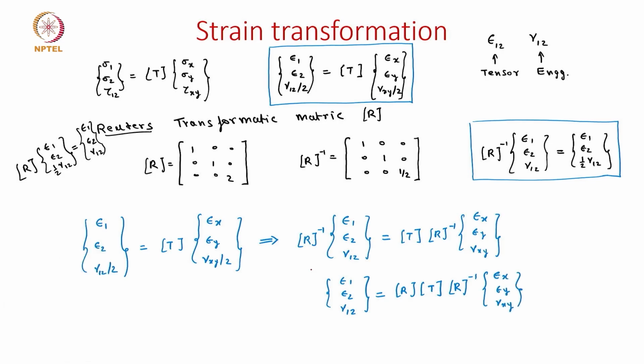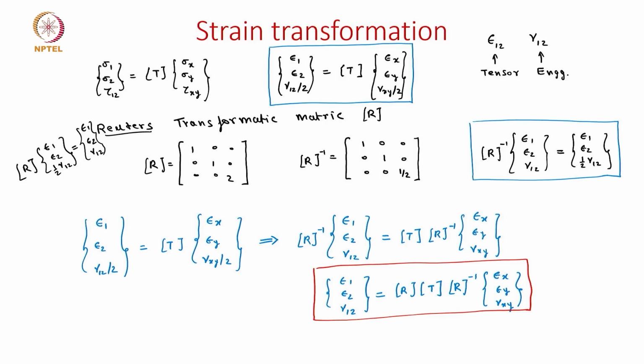So, this should give us the expression for the transformation of the strain. Where we know the strains in the body coordinates, we can use this expression to get the strains in the material coordinates. And of course, we can do the other way as well, we just need to invert this equation to go from the material coordinate strains to the body coordinate strains.